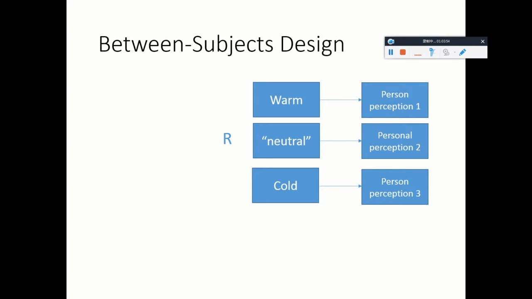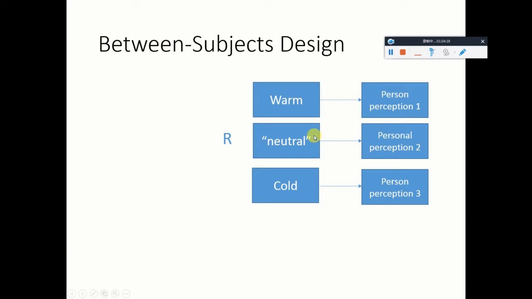And of course, as we just said, we can, through manipulation, create more than two conditions out of one factor. So here we're still dealing with interpersonal warmth, but in addition to the two conditions, warm and cold, let's create another level.